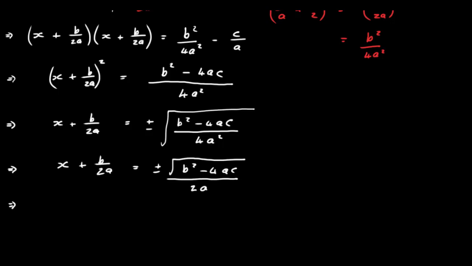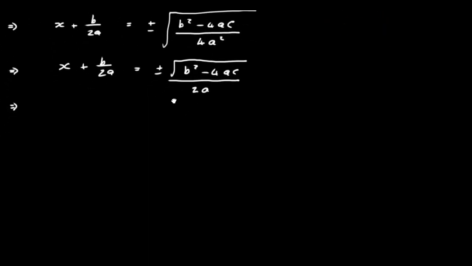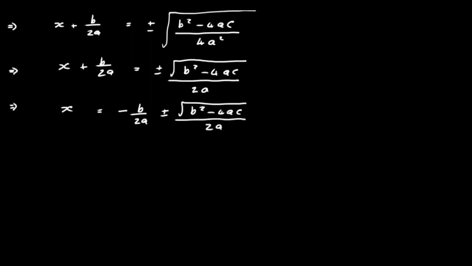Now we're almost there. You can probably see we have a lot of the formula derived already, but what we're going to do next is get rid of this b over 2a. We want to isolate the x. So I'm going to put the minus b over 2a here, plus or minus the square root of b squared minus 4ac here, and then 2a here.